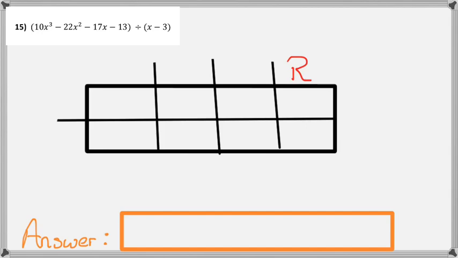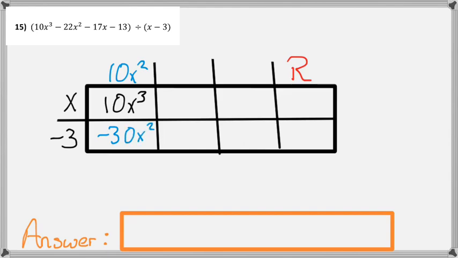So let's look at this next one. They are in order. So the 10x cubed goes here. X and -3 goes here. So I'm going to divide first, and that gives me 10x squared, which gives me -30x squared. -30 plus what is that -22, and that would be an 8x squared that I need to add.